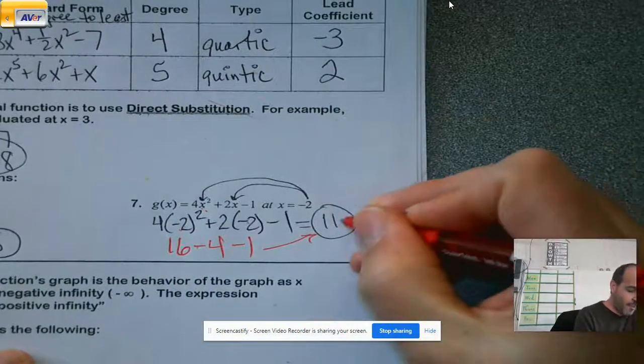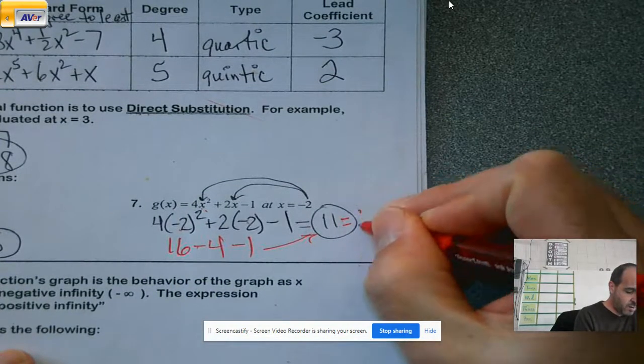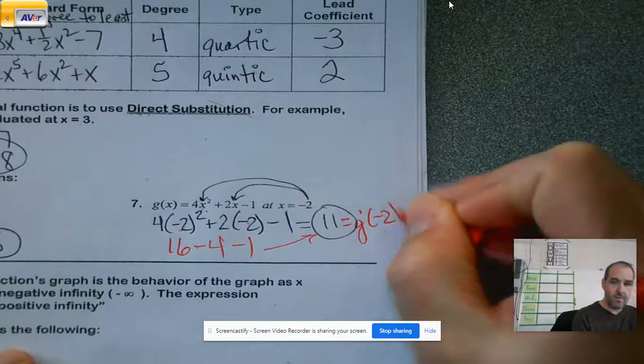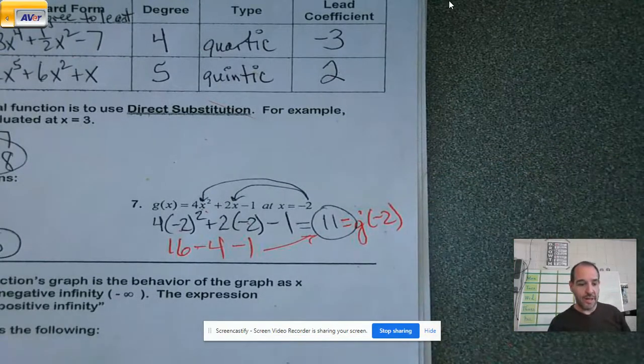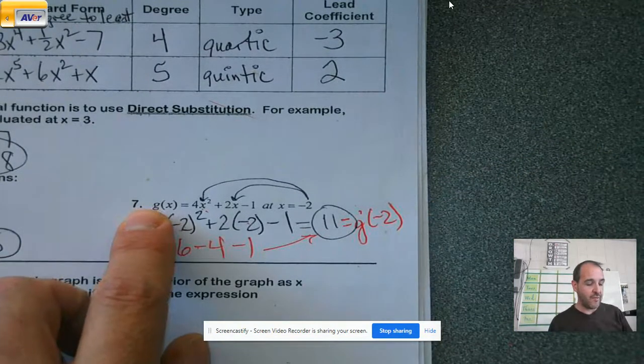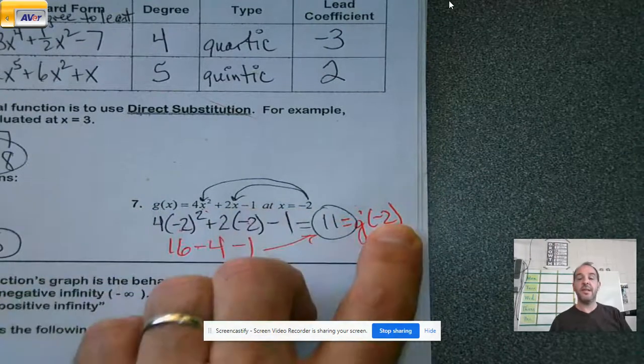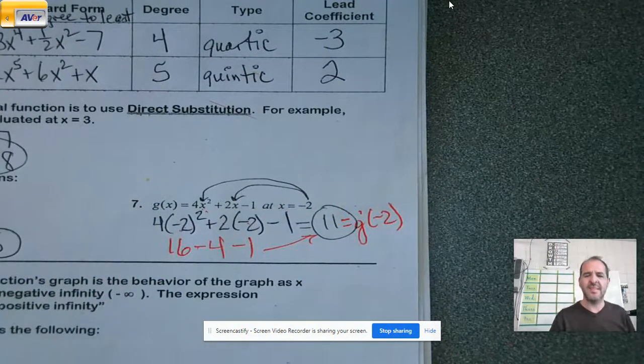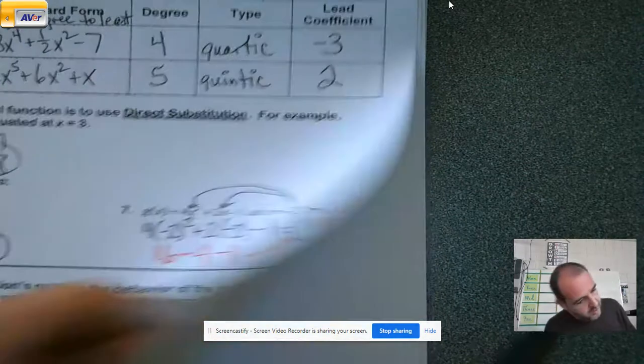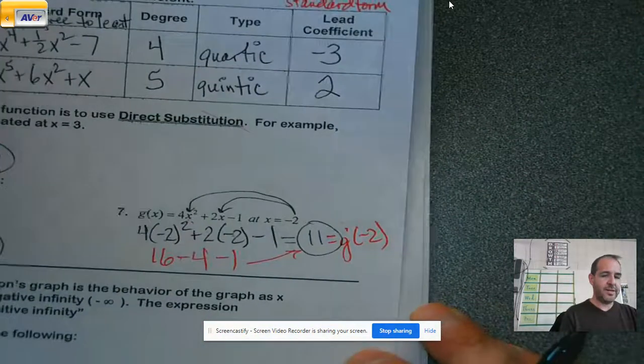And if I want to be proper, and I like being proper, I'm going to go ahead and label it whatever the function name is, whatever letter, and then whatever number I plugged in for x is what goes in the parentheses. Just to get used to the notation. So when you see it sometime, it's not going to cause a problem. Okay, I'm going to take a quick peek, look at something. Okay, that's what I wanted to see.